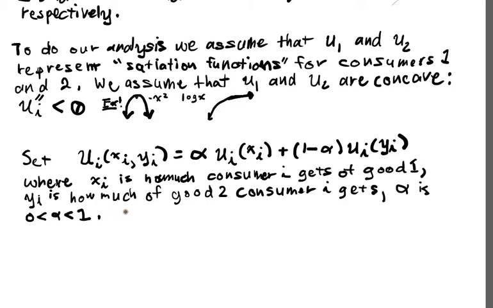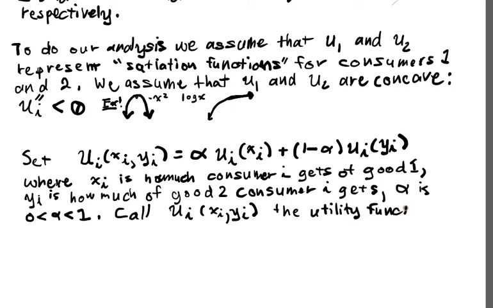And we call capital U_i of x_i, y_i, it's hard to distinguish between capitals and non-capitals here, probably should have used a different letter, but here we are now, the utility function of consumer i.